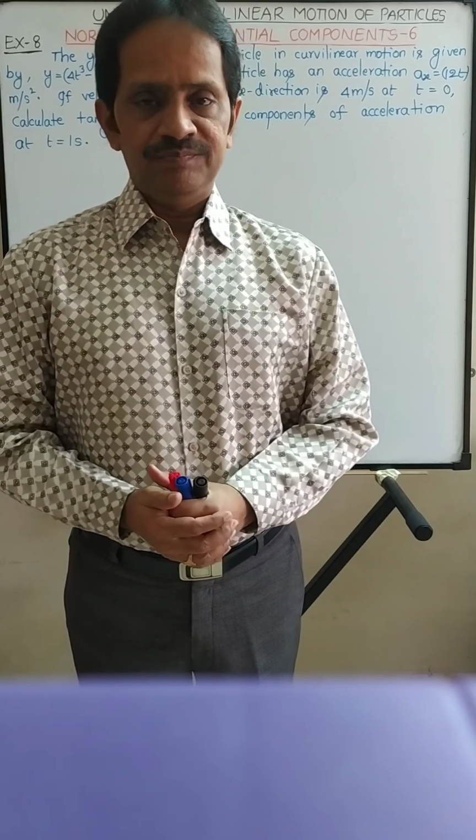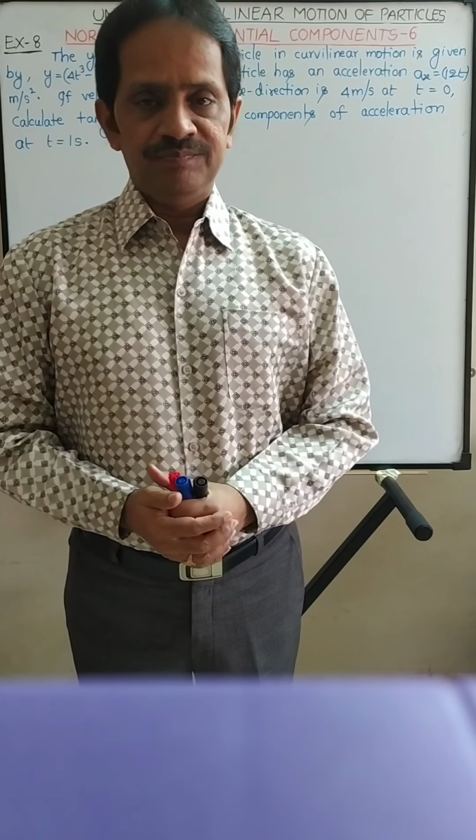So starting with the given equations, y is equal to 4t cube minus 3t. Say equation 1. Differentiating this expression with respect to t, dy by dt is equal to 12t square minus 3.